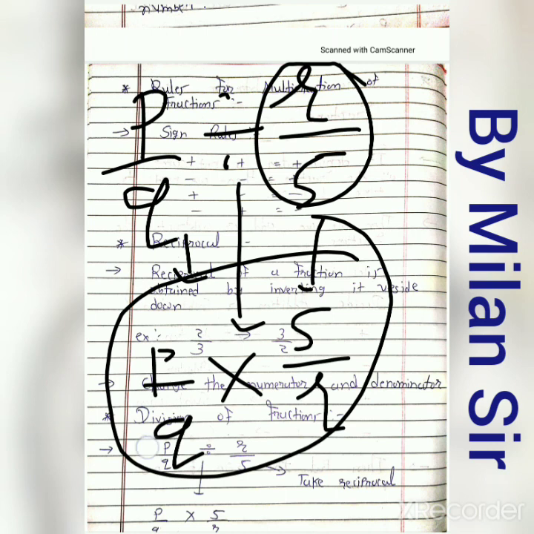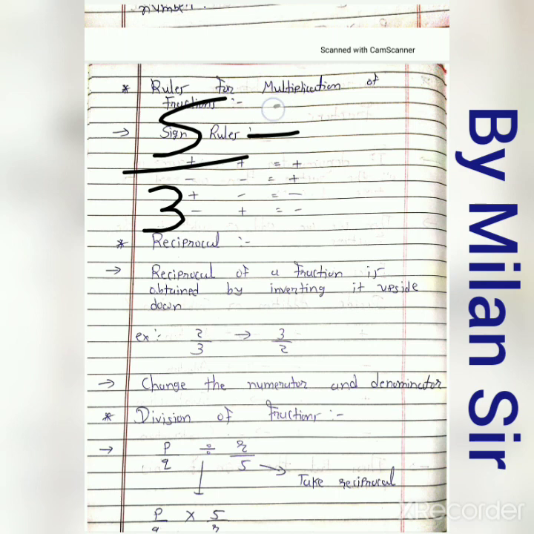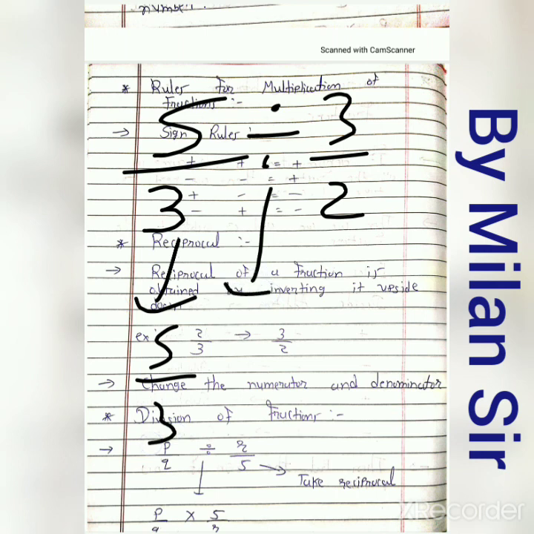I give you one example. If we divide 5 by 3 divided by 3 by 2, okay, then what we need to do here is keep the first number as it is. In place of division we put a multiplication sign and take the reciprocal of the second number.